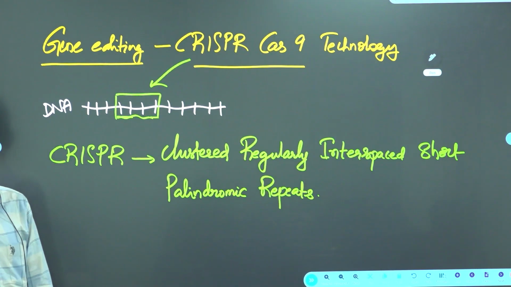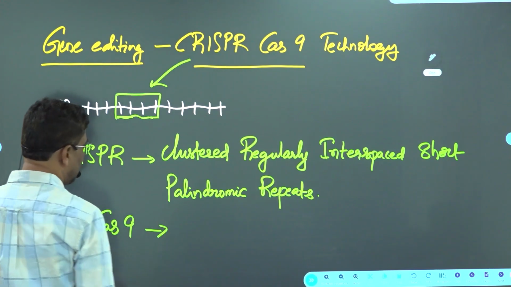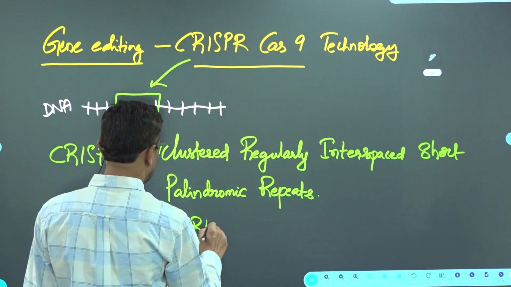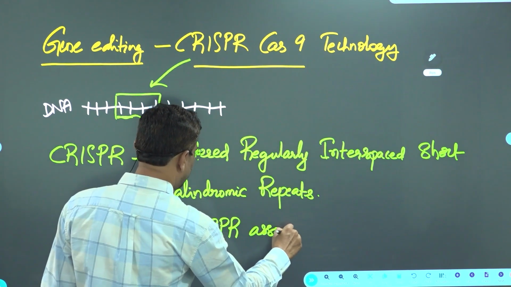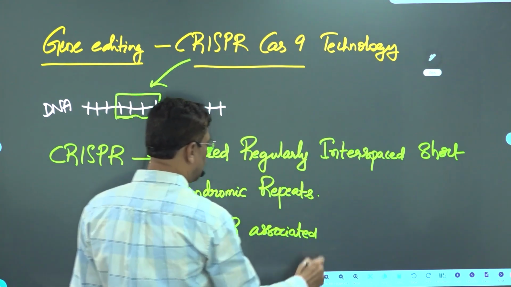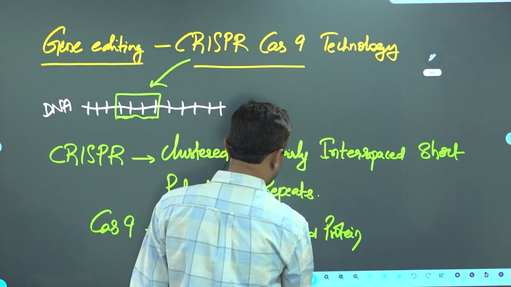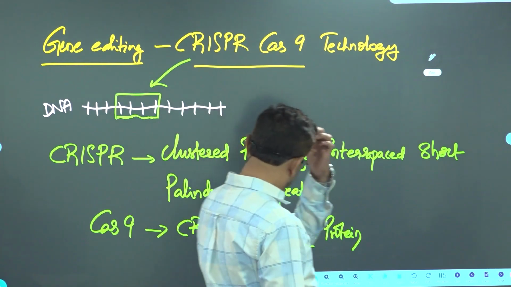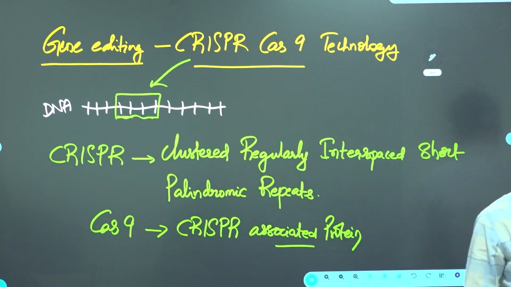You remember. Then Cas9 means CRISPR associated protein. Cas9 means CRISPR associated protein.